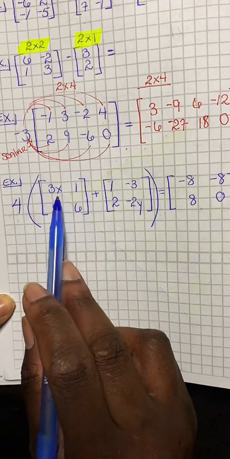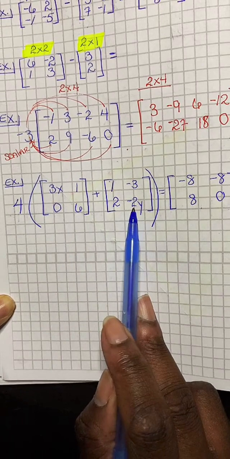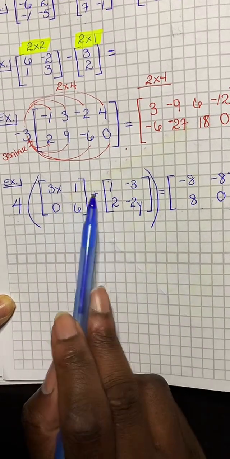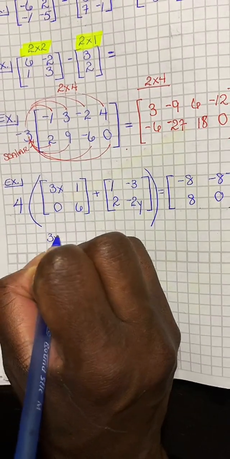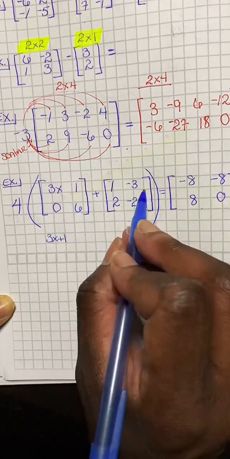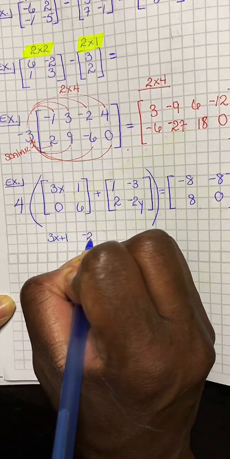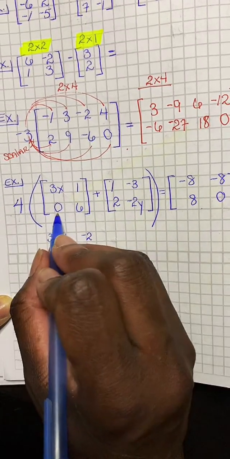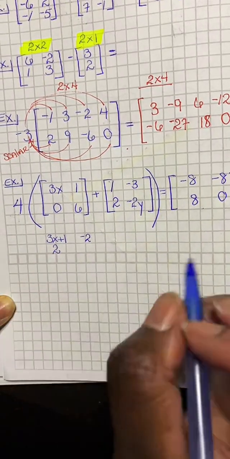So if I wanted to add these 2 by 2 matrices, 3x plus 1 gives me 3x plus 1. 1 plus negative 3 gives me negative 2. 0 plus 2, that'll give me 2.